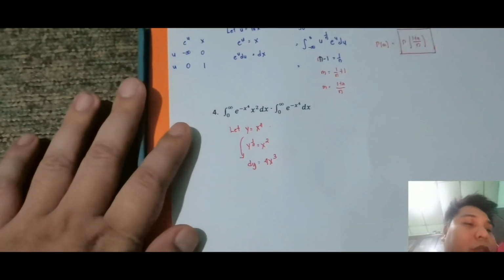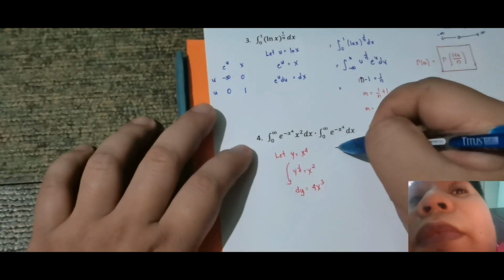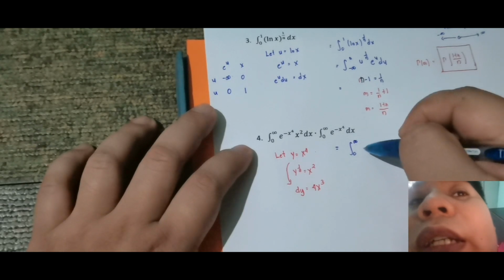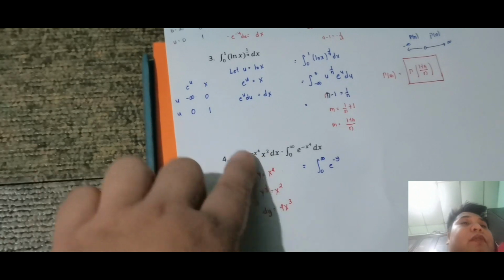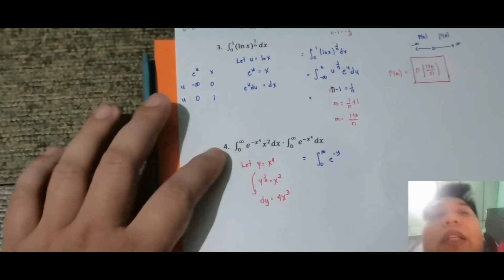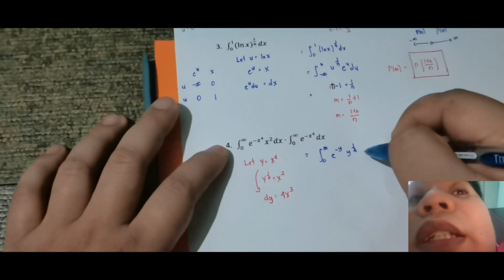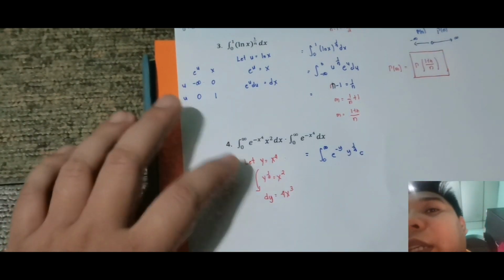Okay, now, let's substitute or use the following values dito. So, we have the integral from 0 up to infinity ng e raised to negative y. Tama naman. Tapos yung x squared natin is just y raised to 1 half. Then, this is just dy. So, what is the x?